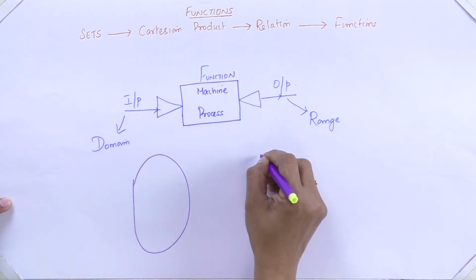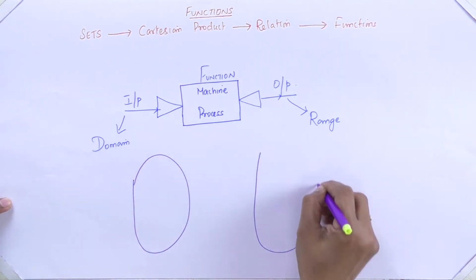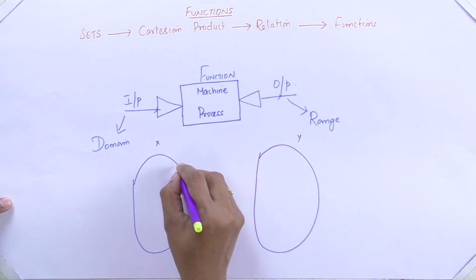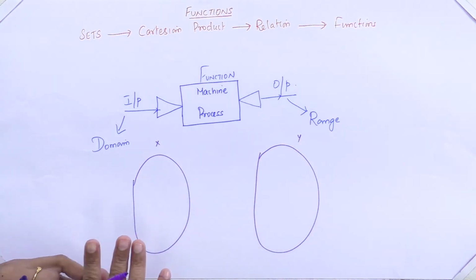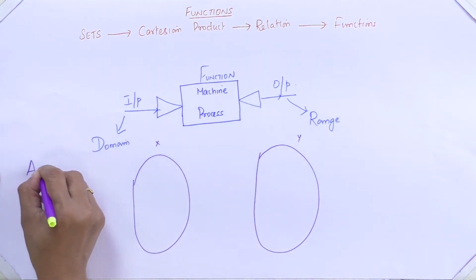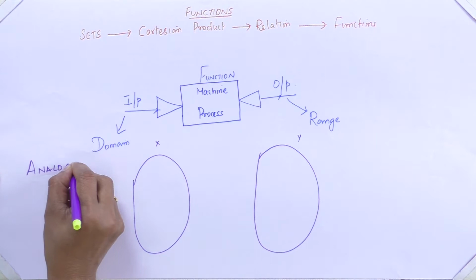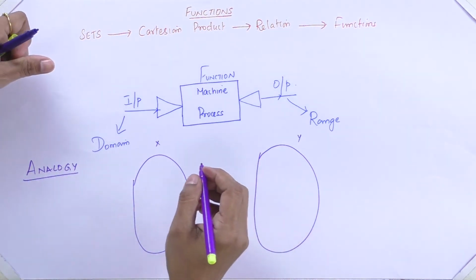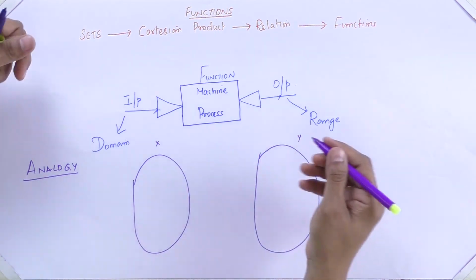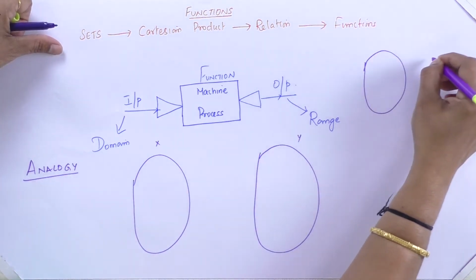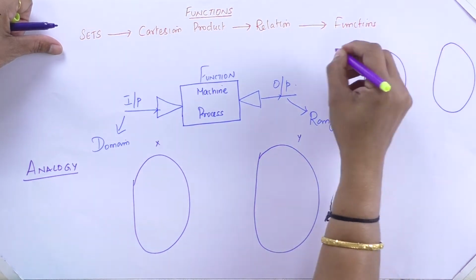Likewise, if we see here, we have a function, right? Let X and Y be the domain and codomain of the two sets, right? Now I'll just tell you what is a function. Here we have the domain set and the codomain set.